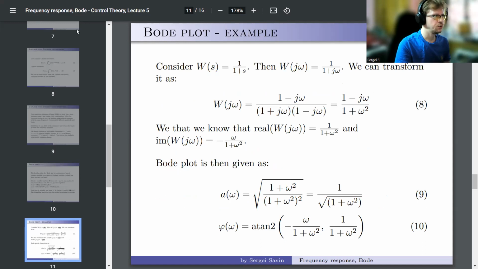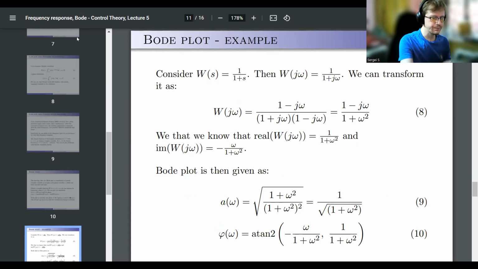Let us try to do an example by hand. Here is an example of a pretty simple transfer function: 1 over 1 plus s.